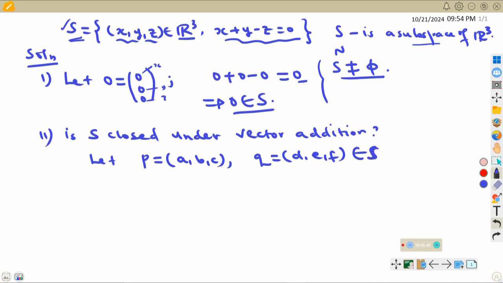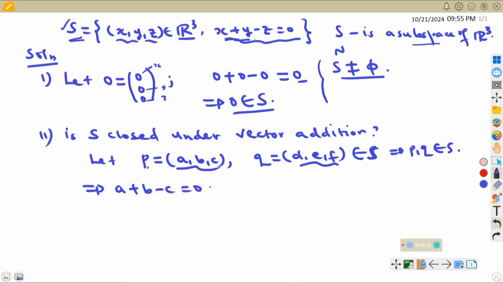If P and Q are elements from S, first of all, if P is an element of S, by this condition it means P satisfies this given condition. So this implies that the x component A plus the y component B minus C is equal to 0.